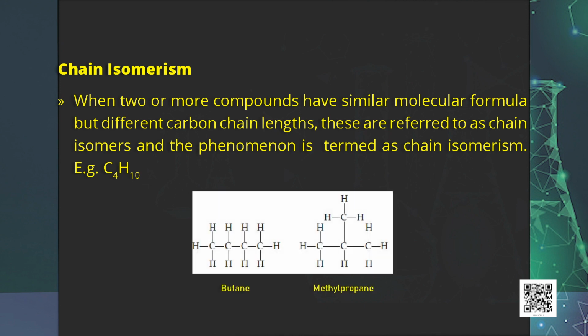For example, butane and 2-methylpropane are chain isomers of butane. Their physical properties are also different. The boiling point of butane is 273 Kelvin, while the boiling point of 2-methylpropane is 261 Kelvin. So, chain isomers have different physical properties.